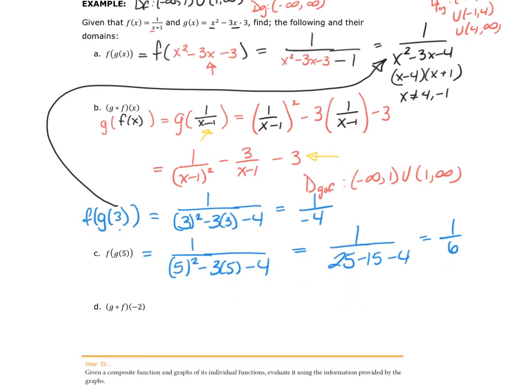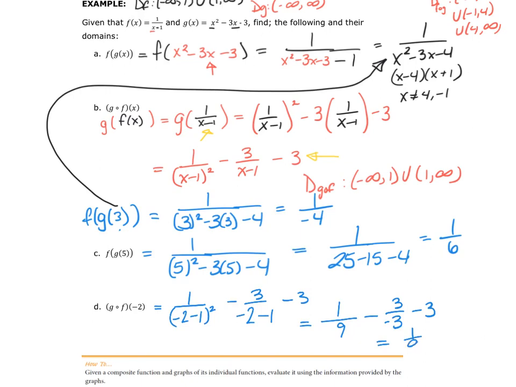And then the second one is composing the other way. Again, we already have the composition, so let's just put that in there. So I have 1 over negative 2 minus 1, the quantity squared, minus 3 over negative 2 minus 1 minus 3, which is equal to 1 over negative 2 minus 1, which is negative 3 squared, so that is 9, and then minus 3 over negative 3 minus 3.